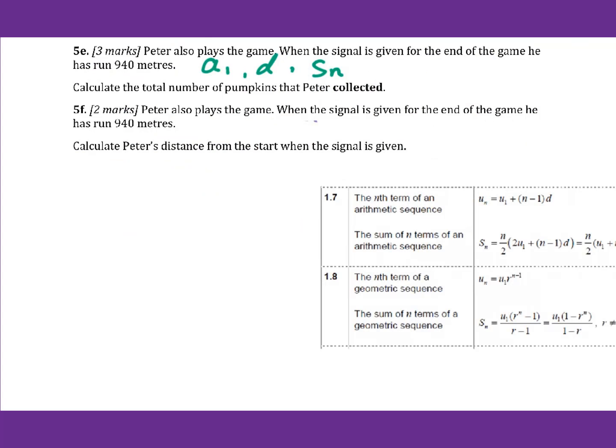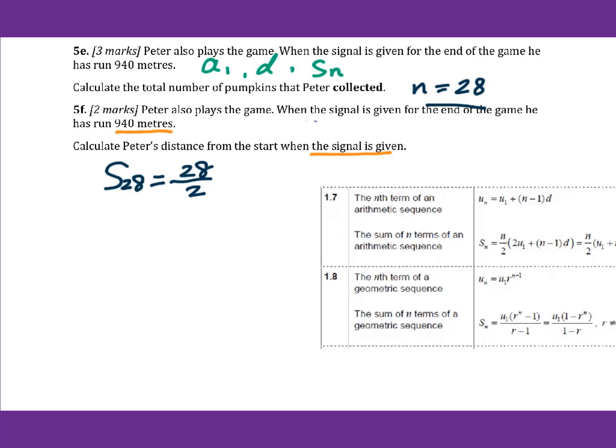Let's go to 5F. Peter also played the game. When the signal is given for the end of the game, he has run 940 meters. Calculate Peter's distance from the start when the signal is given. First of all, let's figure out S sub 28 because we already figured out n equals 28. So you will get 28/2.